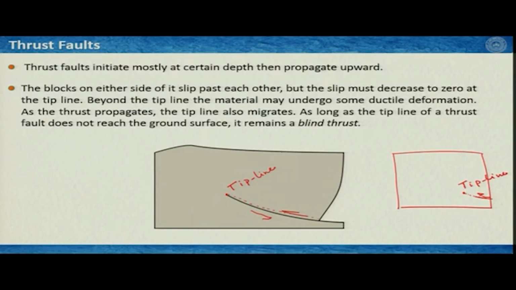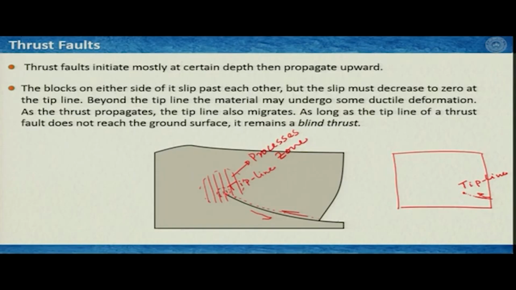Now beyond the tip line, what is happening to the material here? You form a zone here which is known as the process zone. And sometimes it also involves a little bit of ductile deformation as well.